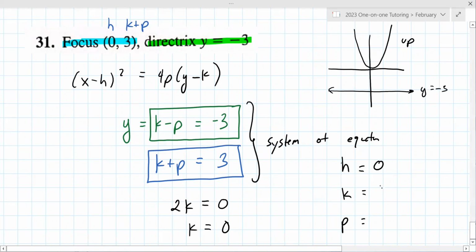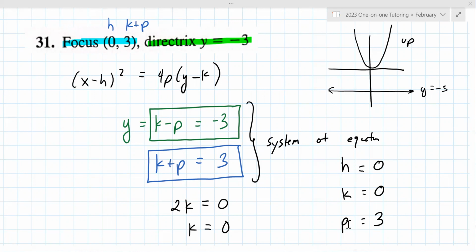H is 0, k is 0, p. How do we get p? Well, we go back to the system of equations, and we use one or the other. I'll use the second one. 0 plus p is 3, so p must be 3. Okay. Questions on that? No. Okay.